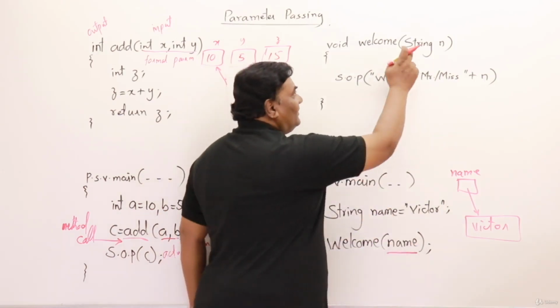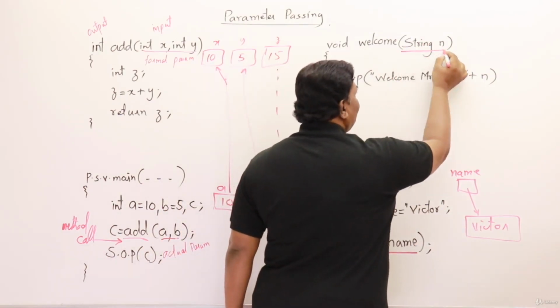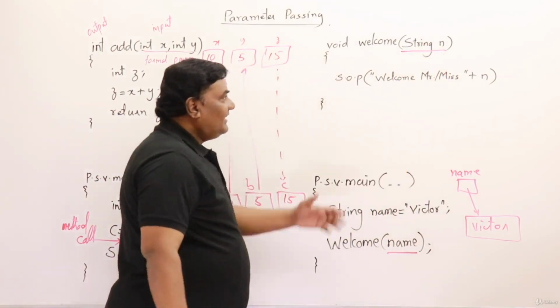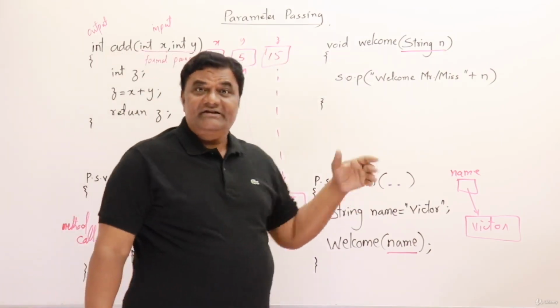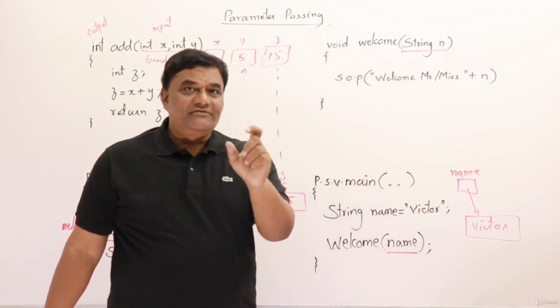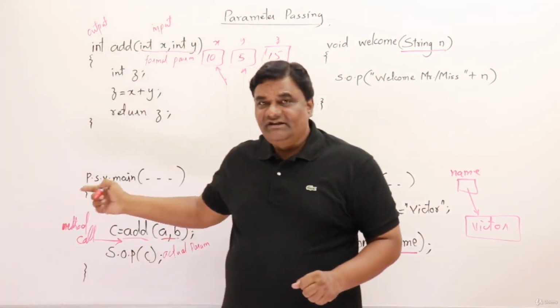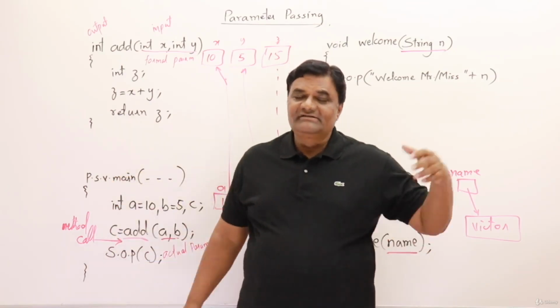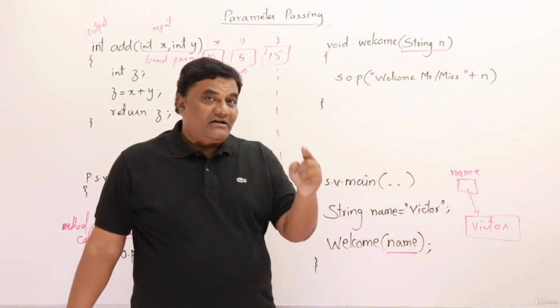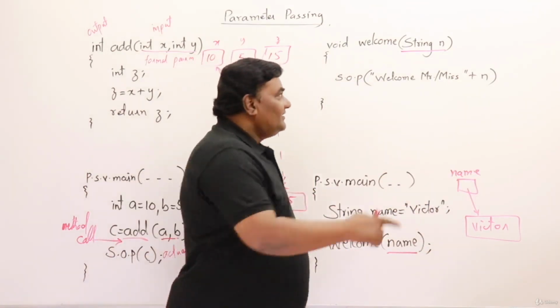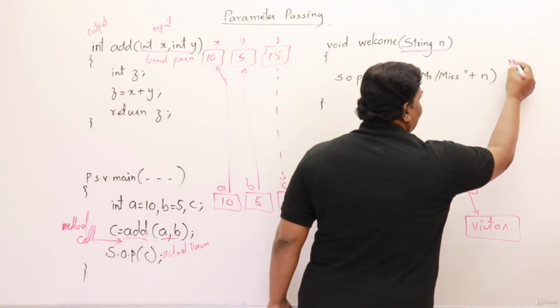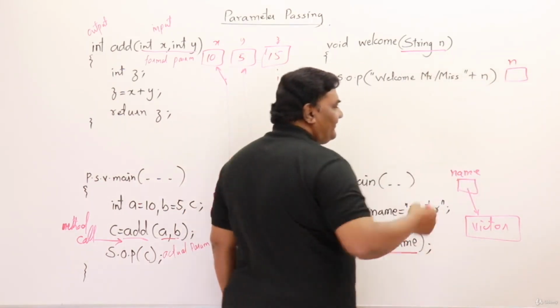Now when this method is called, here we have a formal parameter, that is also a string, and n is a reference of type string. So it's a variable of type reference. These were the variables of type primitive. These are the variables of type reference to a string object. So this formal parameter n is just a reference.